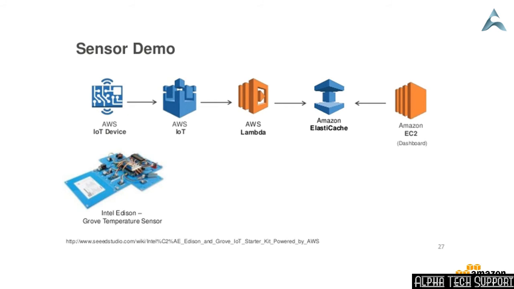We can use Elastic Cache in another scenario. For example, we want to develop an IoT solution using the cloud. Here we make use of multiple AWS services.